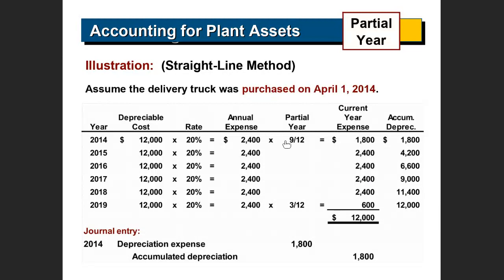So we have from 2014 April 1st to 2015 March 31st, the first year. The second year is from 2015 April 1st to 2016 March 31st. Third year is 16 to 17. Fourth year is 17 to 18. Fifth year is 18 to 19.